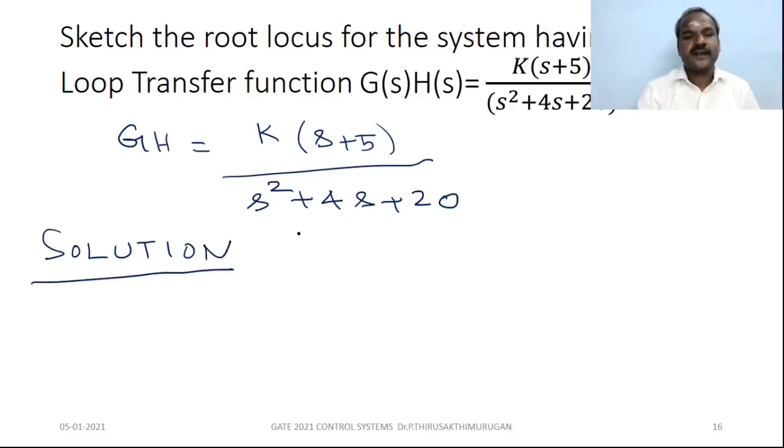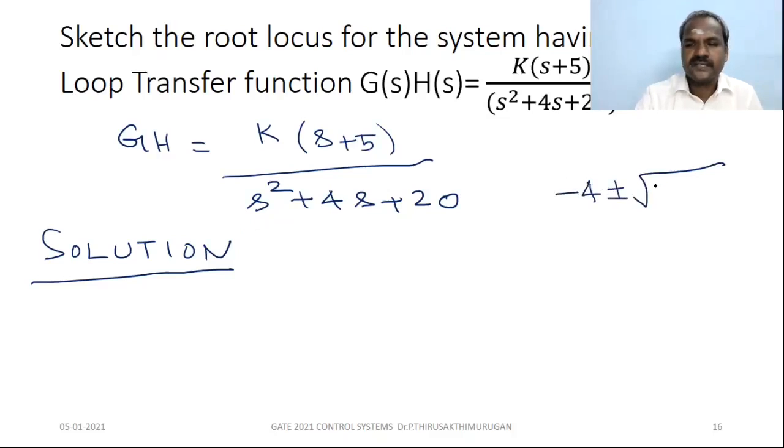Solution. First, find the poles and zeros, right? Here are two poles. So what are the two poles? Minus b plus or minus square root of b square minus 4ac, divided by 2a.